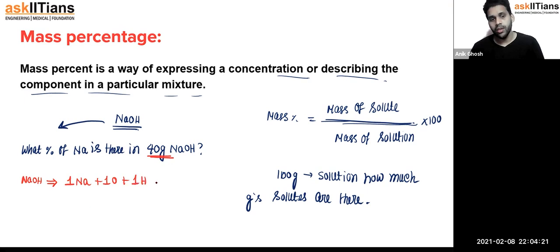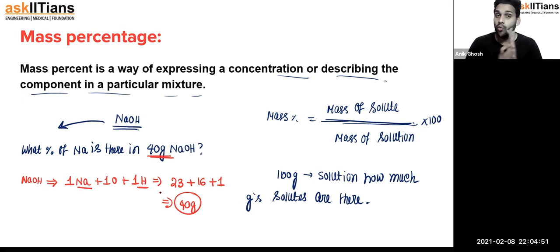So let's find out the entire molar mass of NaOH. Sodium is 23, oxygen is 16, and hydrogen is 1. So the value is coming as 40, isn't it? So one mole of NaOH weighs 40 grams.